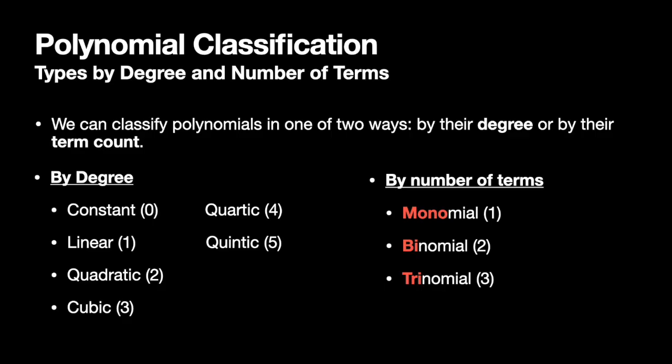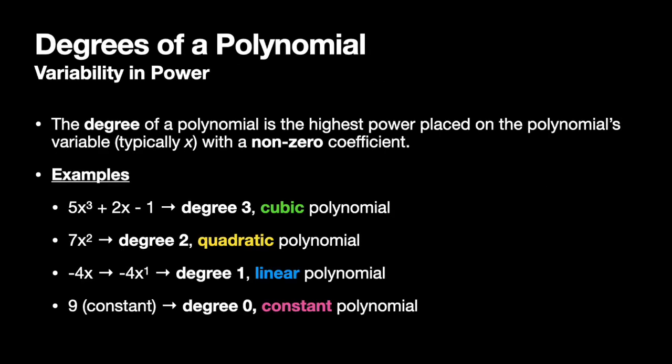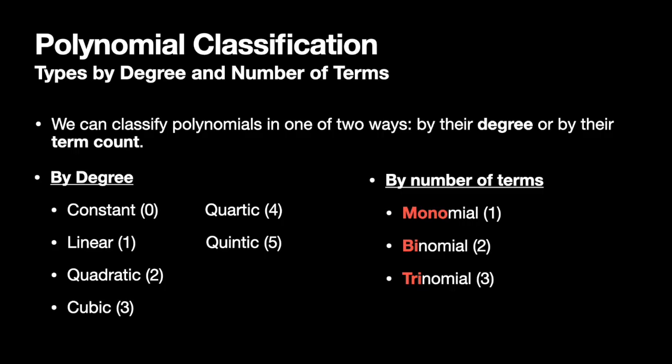The second way to classify polynomials is by the number of their terms. So if we have a polynomial of just one term, for example, over here, the third example, negative 4x, is just one term, we call it a monomial. The prefix mono meaning one. If we have a binomial, which is two terms, then we have trinomials, which are with three terms.